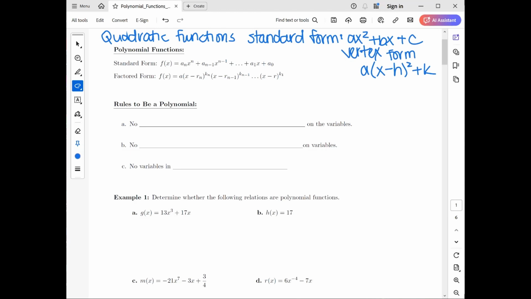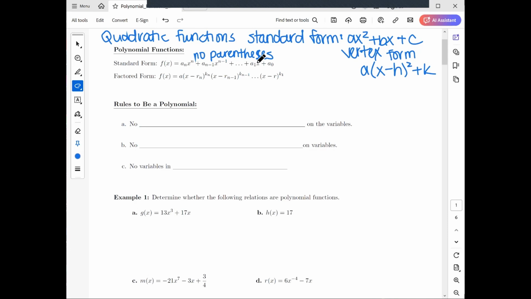Same thing comes into play with polynomials. If you are in standard form, you have no parentheses, and this is written in descending order for our exponents. So that n is our highest exponent, and it counts down, moving from left to right.